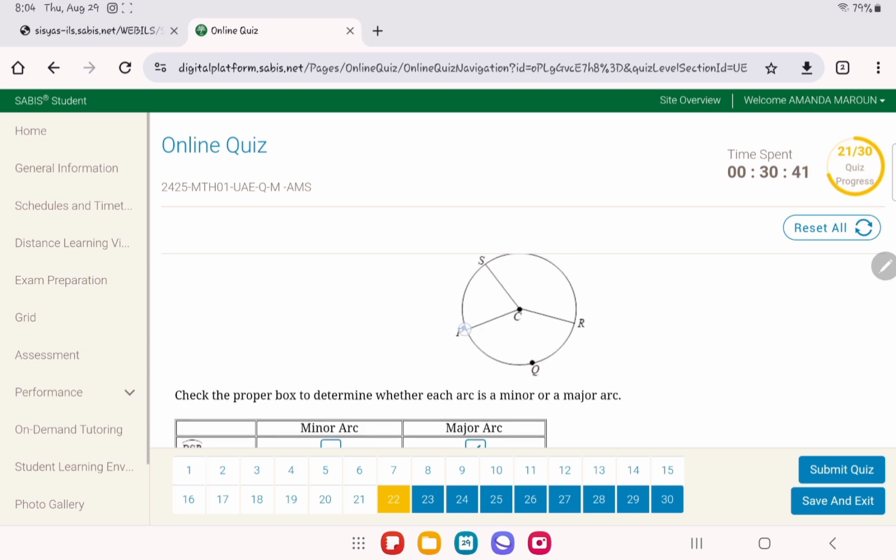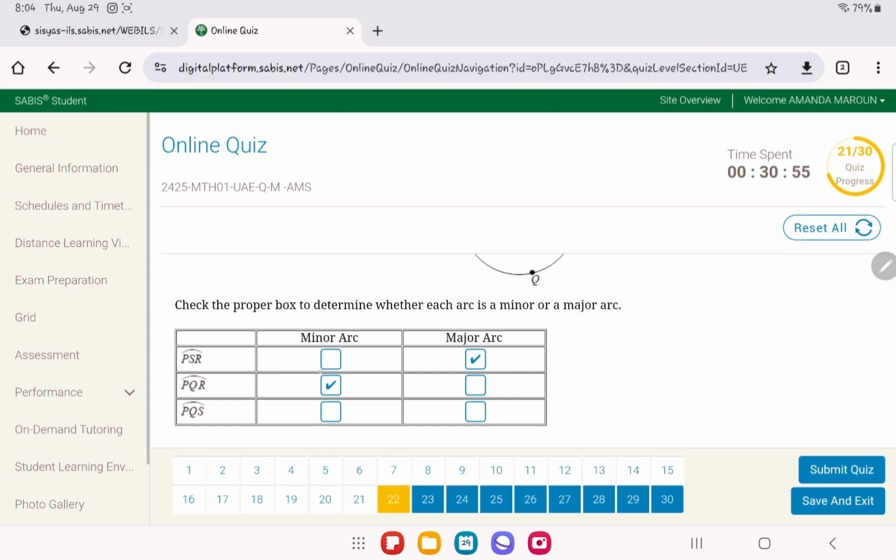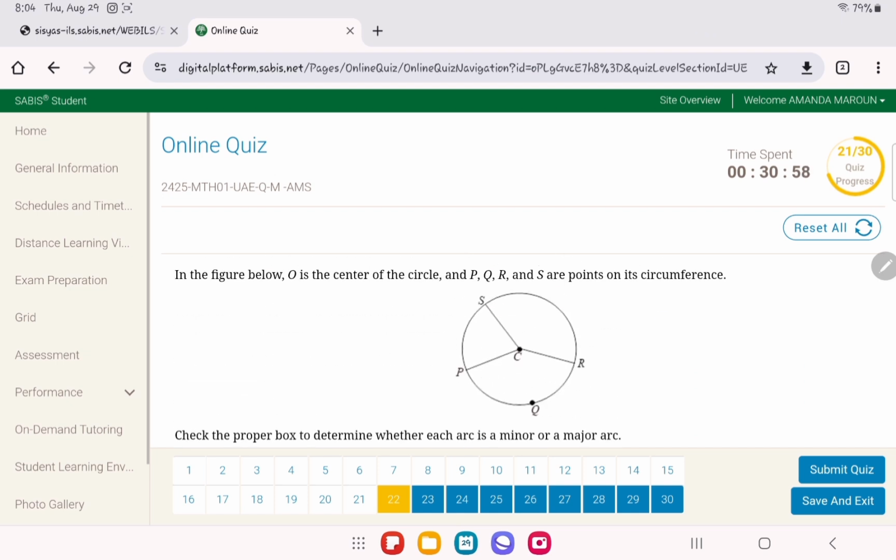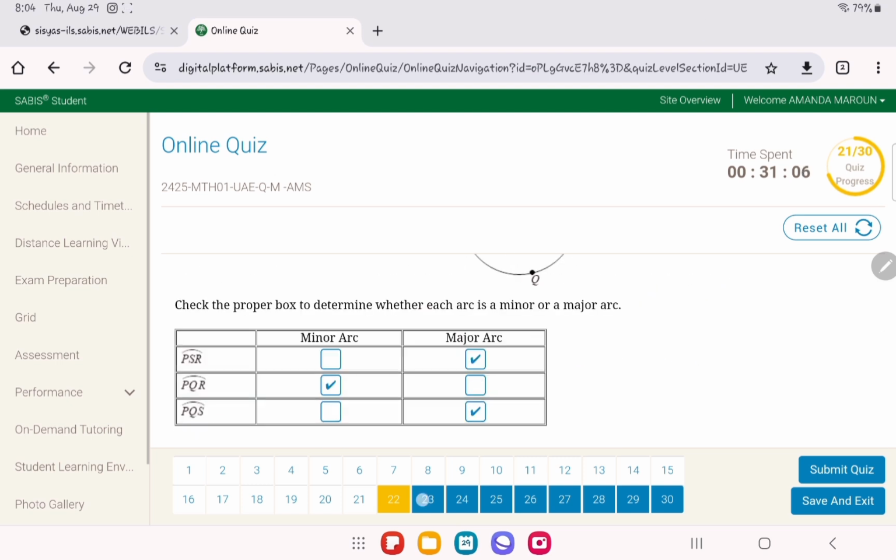PQR. Does it look like a minor or a major arc? It looks like a minor arc. So we put minor arc. PQS. This is definitely a major arc. It's so big. So we're going to call it a major arc.